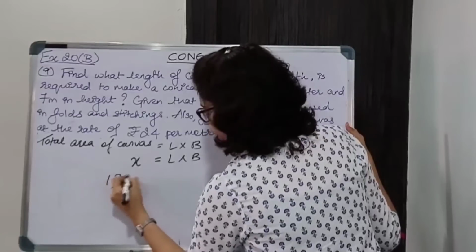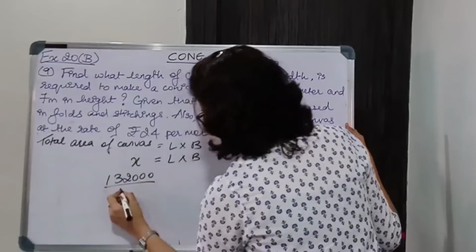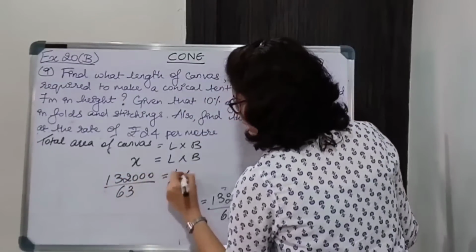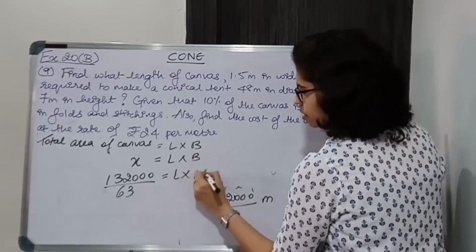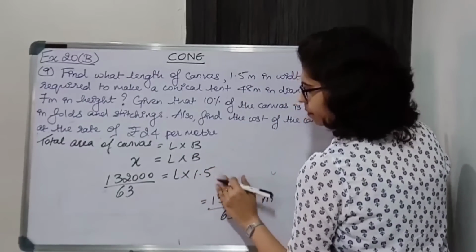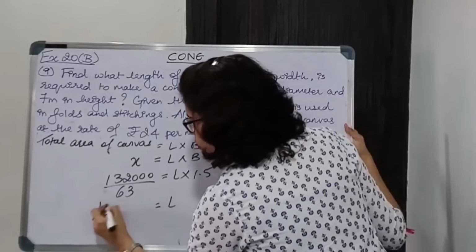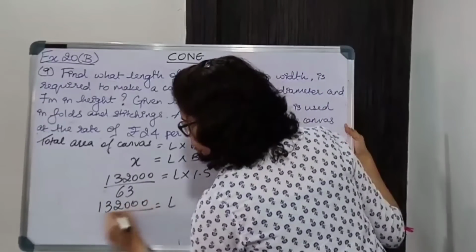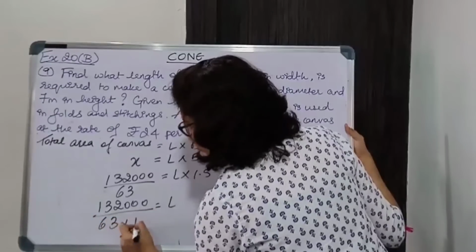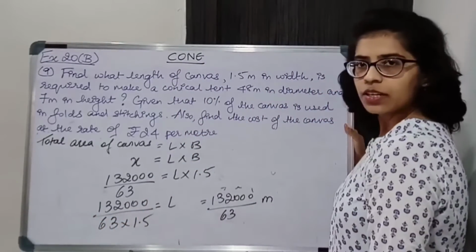So 132,000 upon 63 is equal to L into B, and B is what? 1.5 meters, okay. Now I'll shift this over here. So L is equal to 132,000 upon 63 into 1.5. Okay.